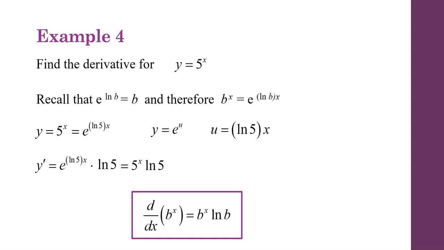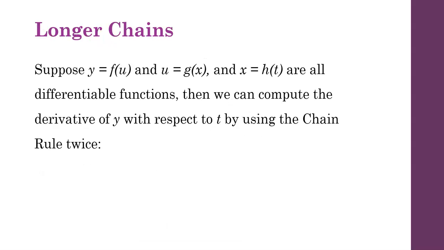Right, so next we're going to look at longer chains. And as we look at this, the reason why we call this rule the chain rule should become a little more clear, because as we create these more complicated functions, we're going to get a chain of derivatives that I need to consider. So in this case, I have 3 functions.